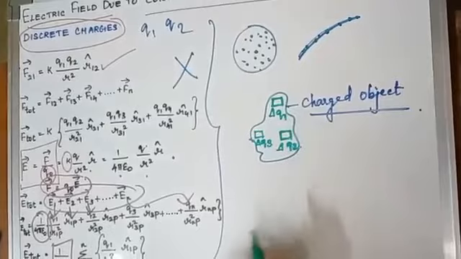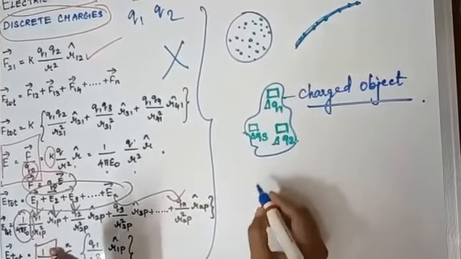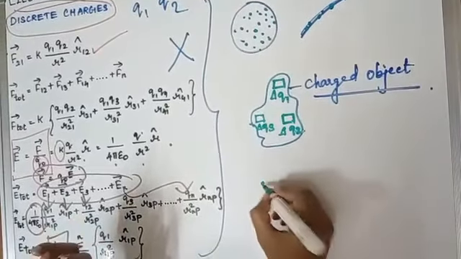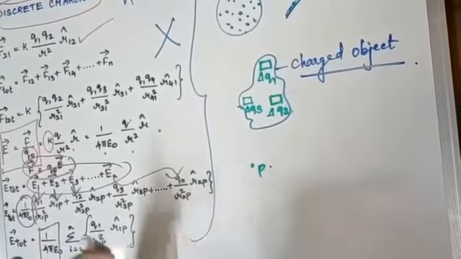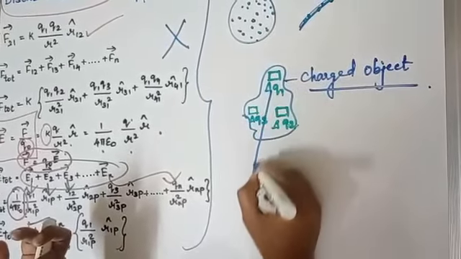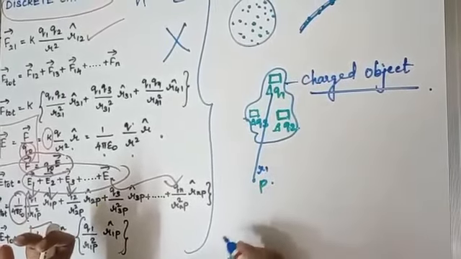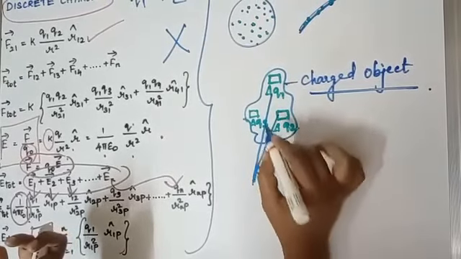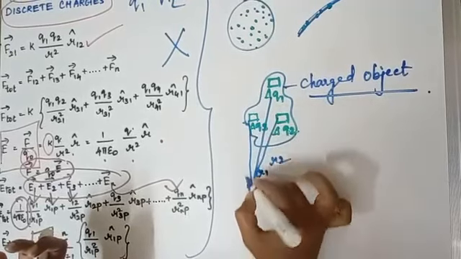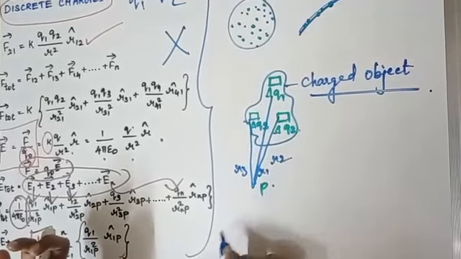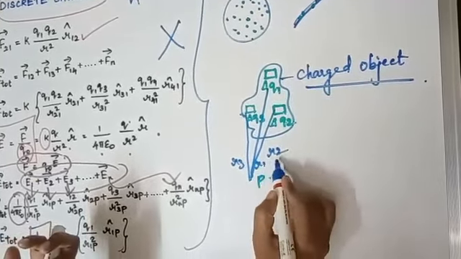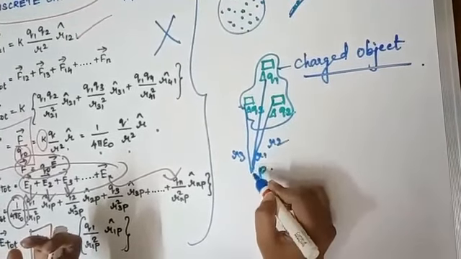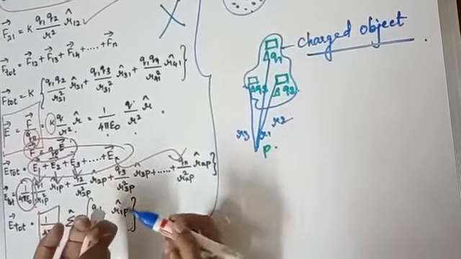All these are charged elements. Let us assume a point P, and the distance between Q1 and P is R1, the distance between Q2 and P is R2, and the distance between Q3 and P is R3. So R1, R2 and R3 are the distances between the point P and the respective charges.